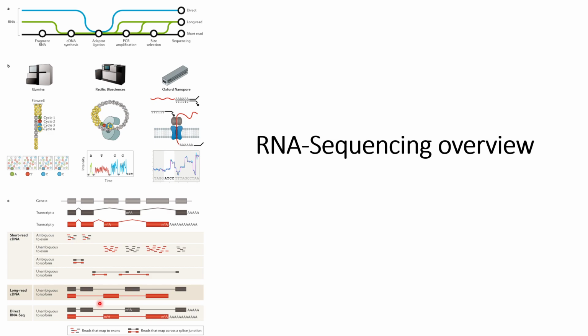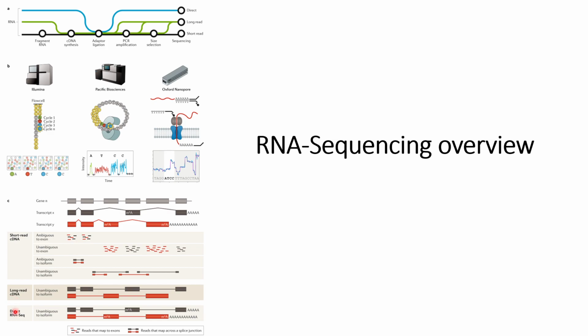What is missed in long read cDNA is the modified sections of the RNA and the length of poly A tails, since this cDNA is the complementary version of the RNA that is to be analyzed.